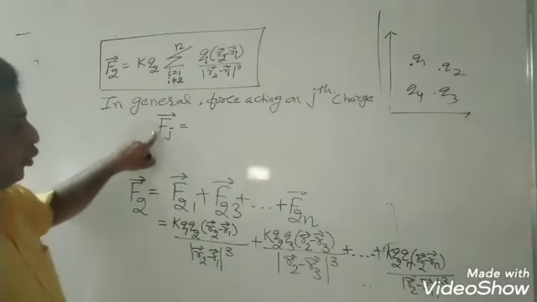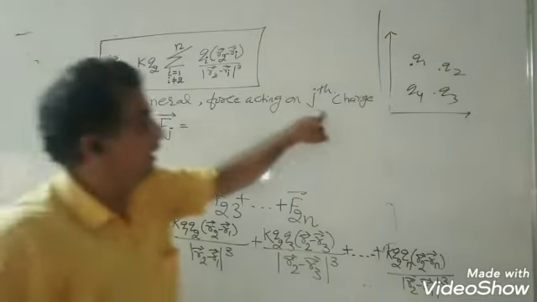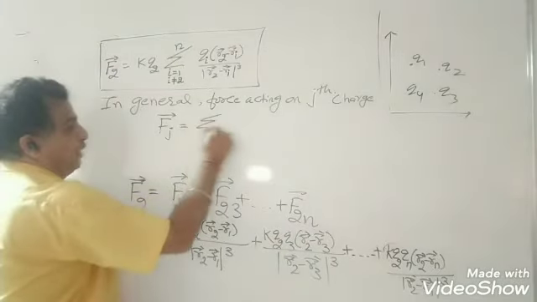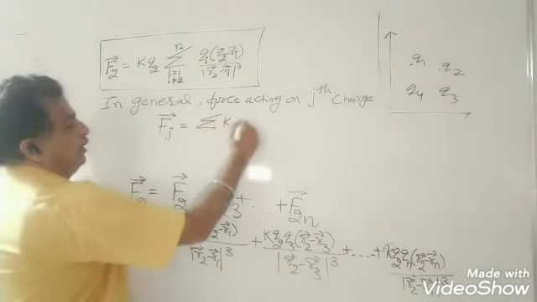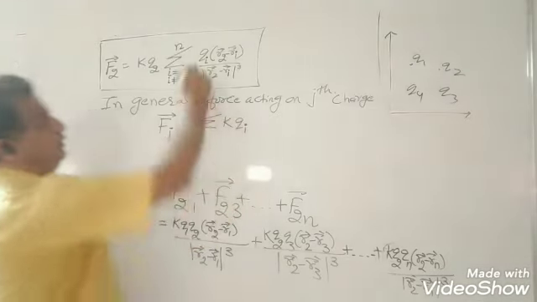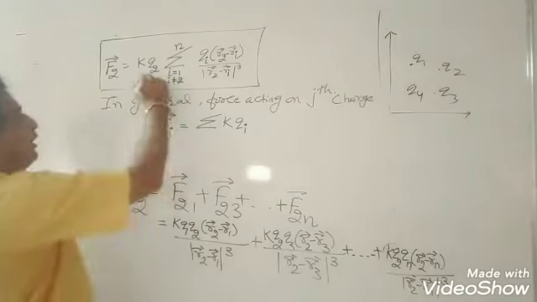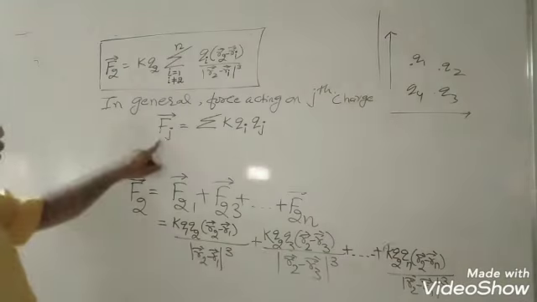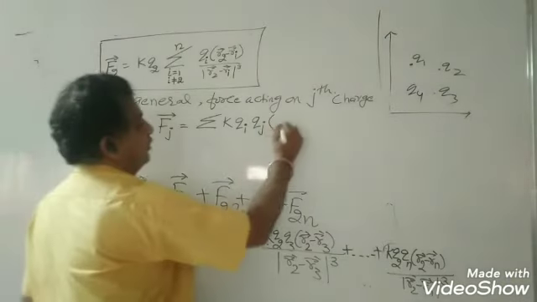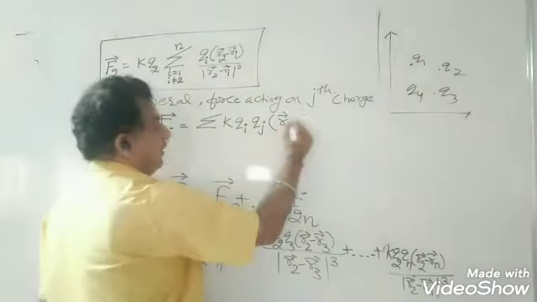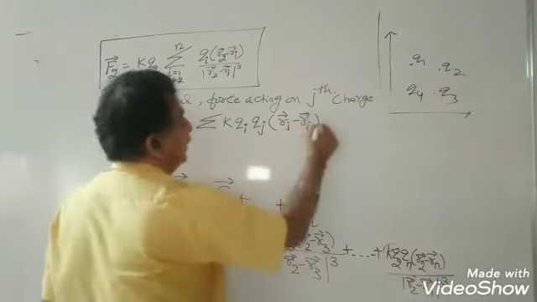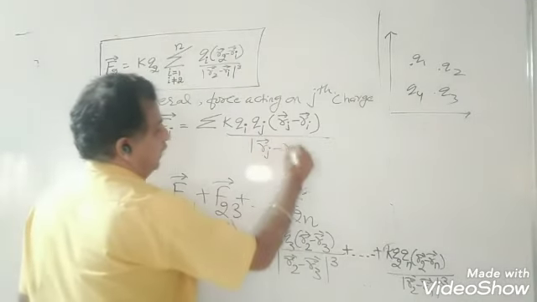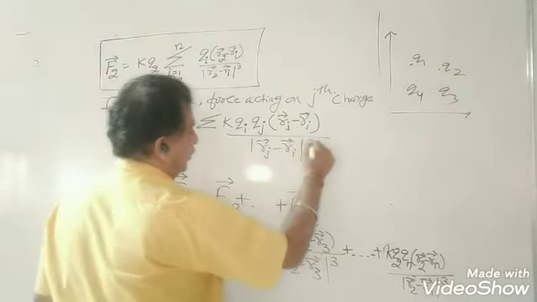The resultant force acting on jth charge is K, summation sign because there are n charges, Qi that we had, now instead of 2 we write J, Qj. किस पे फोर्स ढूंढ रहे हो? J पे. तो Rj minus Ri over magnitude of Rj minus Ri cubed.